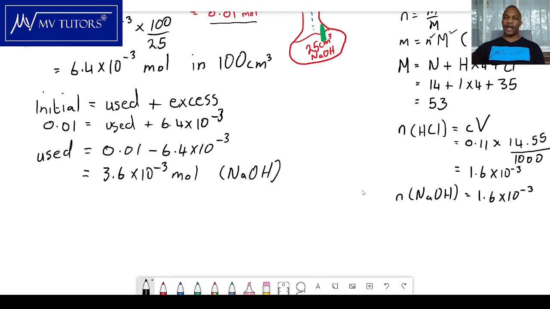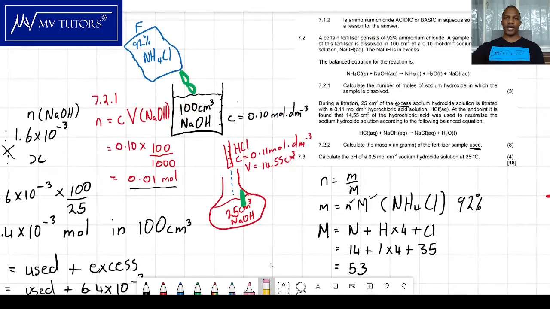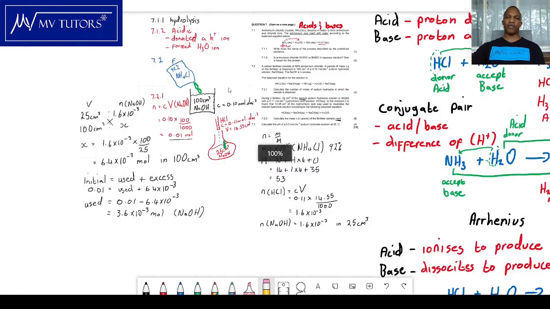Okay, but now if you look at this, what we are interested in, we've found hydroxide. We are interested in the ammonium chloride, right? So that we can use the ammonium chloride to calculate the number of moles of the fertilizer.